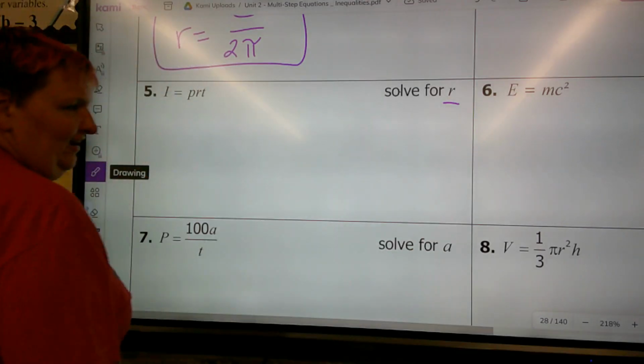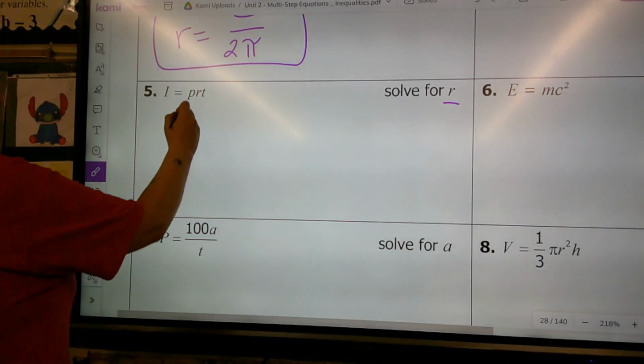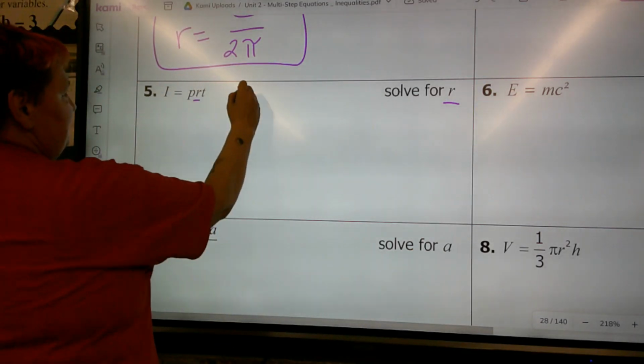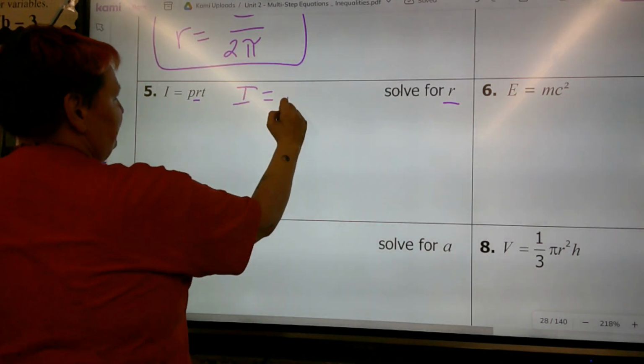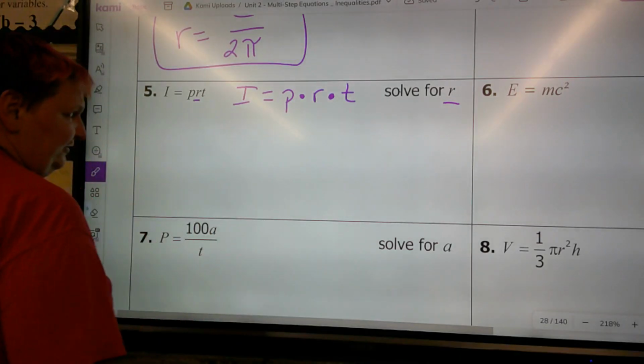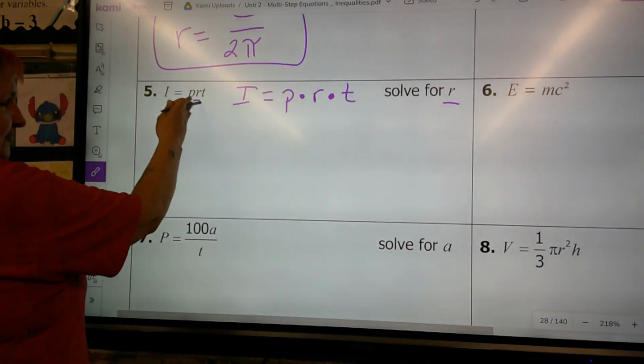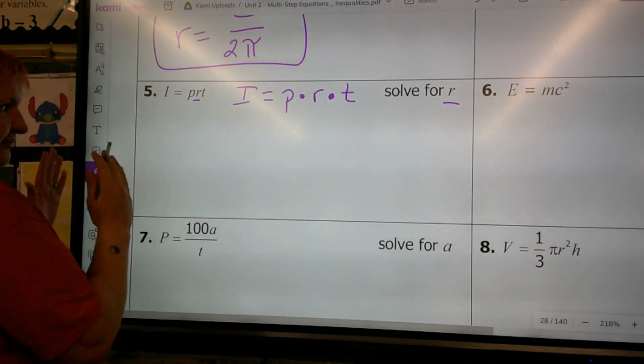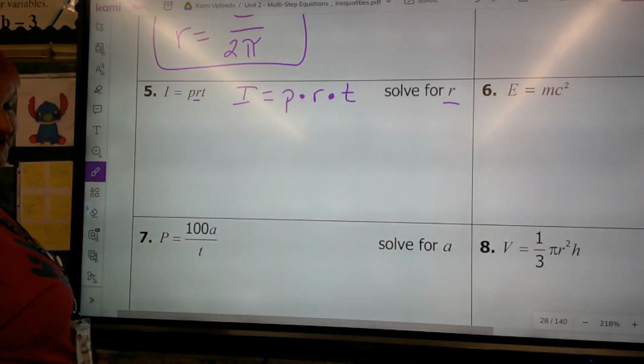Again, R, I know, PRT. This is I equals P times R times T, right? When the variables are touching like that, when they're mashed together like that, it implies multiplication, right?